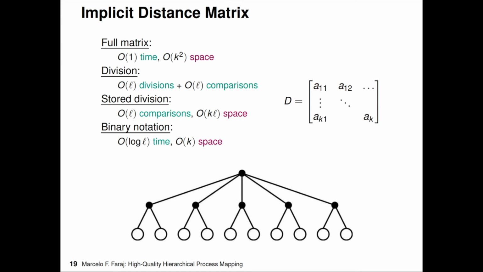Our fourth approach is the binary notation, in which we compact the stored division as much as possible in order to keep simply a bit array for each processing element. To obtain the distance between 2 processing elements, we simply perform an XOR operation between their bit arrays and find the leftmost non-zero in the result, which implies the closest common module shared by both.